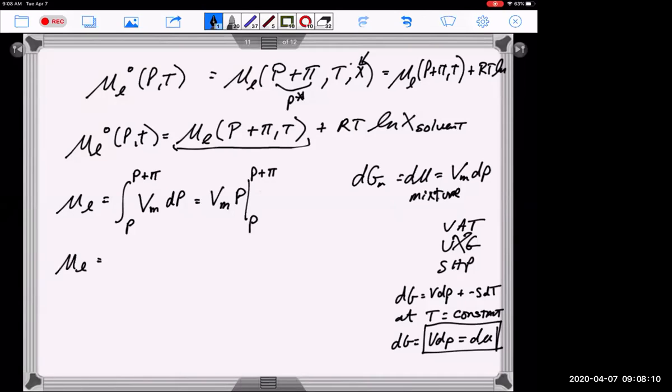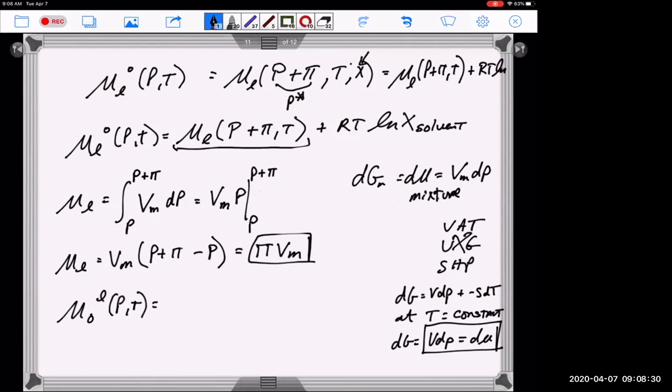So mu liquid is going to be Vm times P plus pi minus P, or pi times Vm. So we have mu zero liquid PT equals pi Vm plus RT ln of X. All right, any questions? Did that reverse?